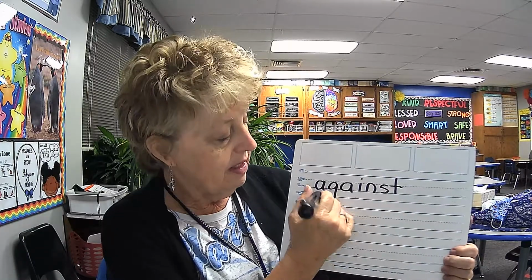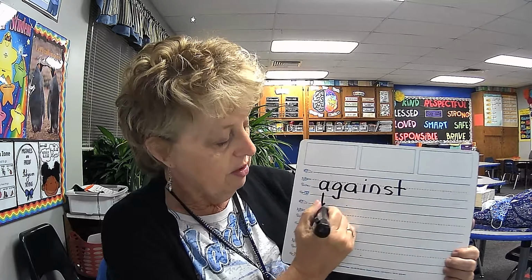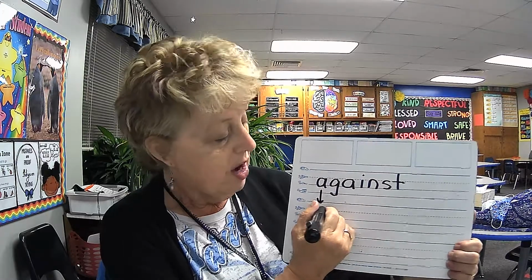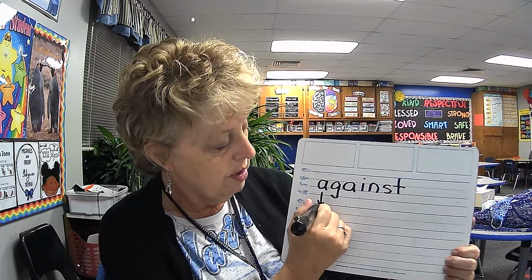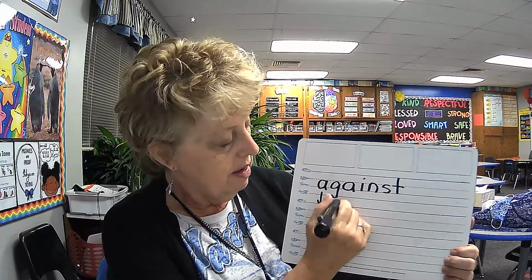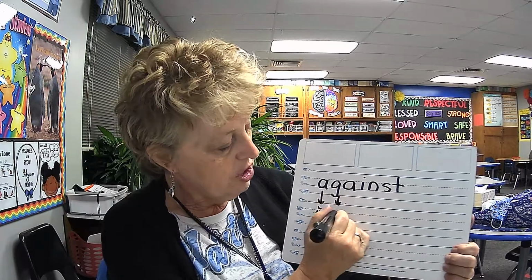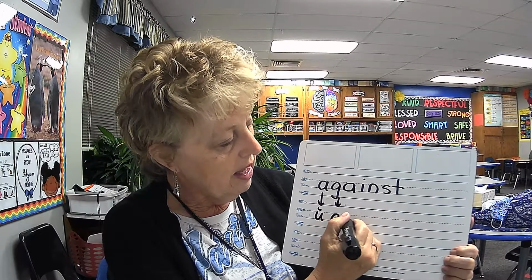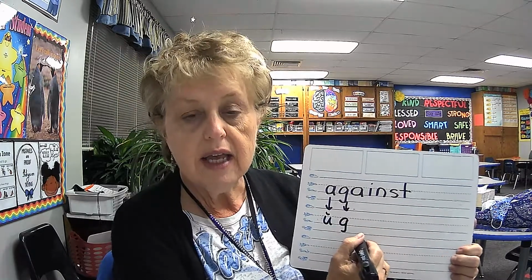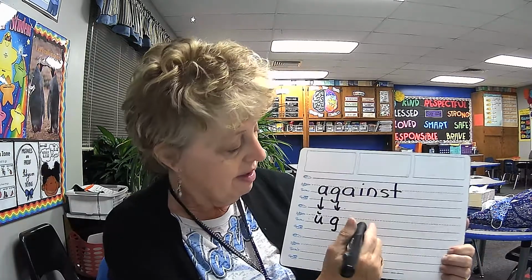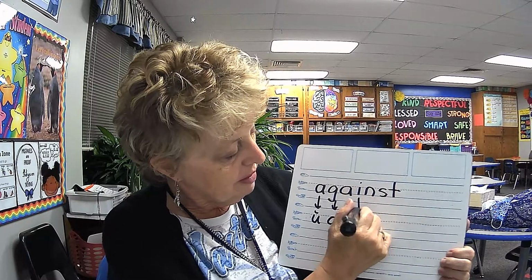So let's map it out. Against. Well, it starts with what sound? Short U. G. With a G. Ag. Echo me. Against. Do you hear the A? Not at all. But you do hear the short I. So let's bring this down.